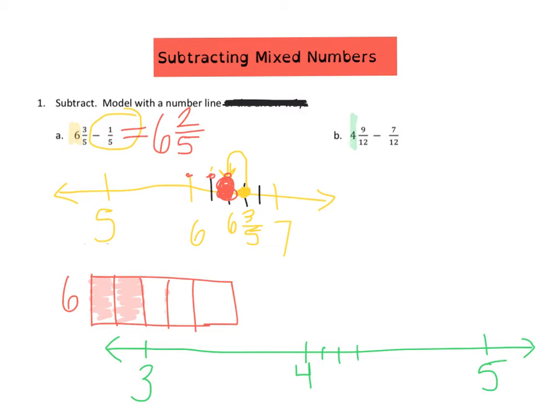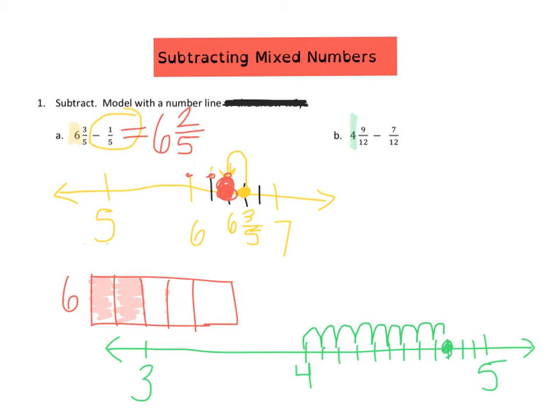1, 2, 3, 4, 5, 6, 7, 8, 9, 10, 11. There we go. All right, so to find 9/12, I'm going to 4 and 1, 2, 3, 4, 5, 6, 7, 8, 9/12.